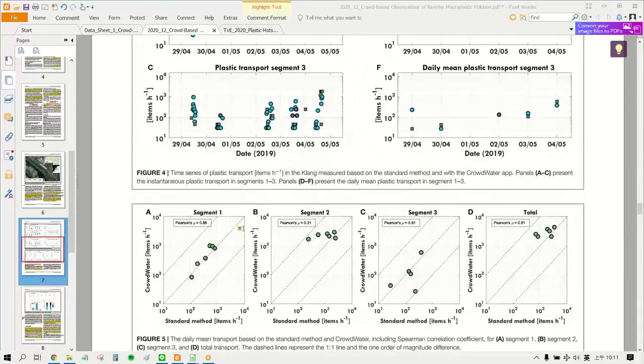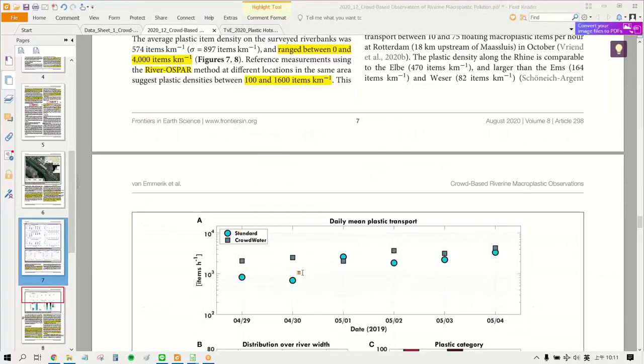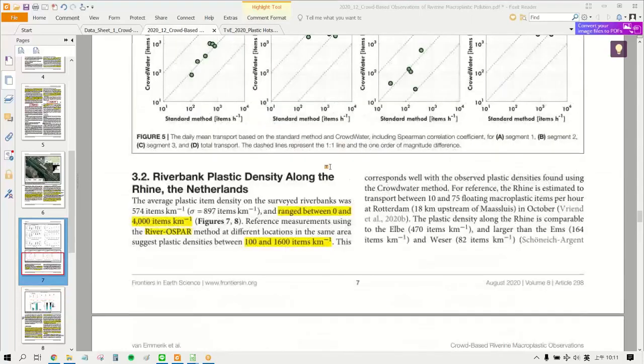Well, let me check this. So you can see that there is some difference here, but sometimes they will be similar. The density, the transportation amount, will be very similar.